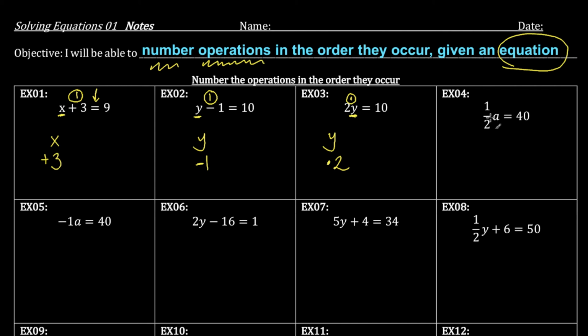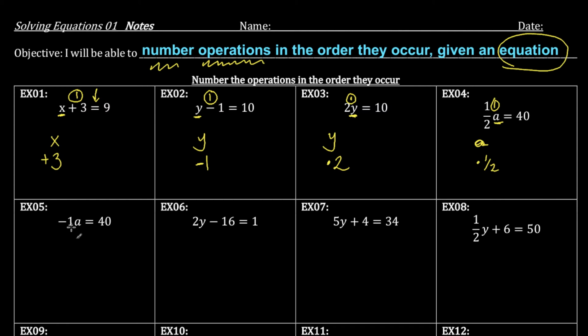Even with fractions, right here, it's still the same. We had a, and we only multiplied it by half. And we got 40. And lastly, it works even with negative numbers.